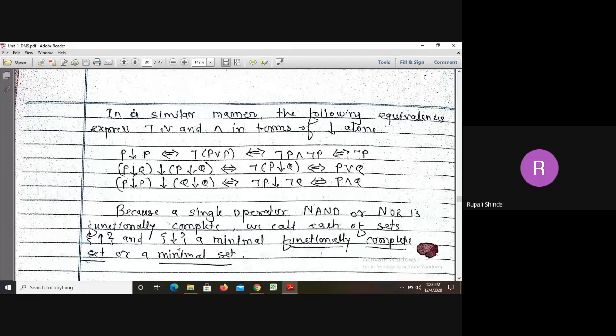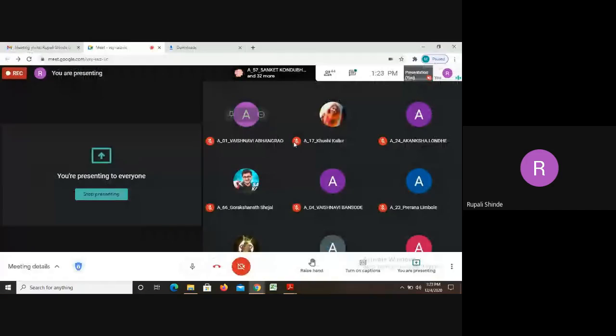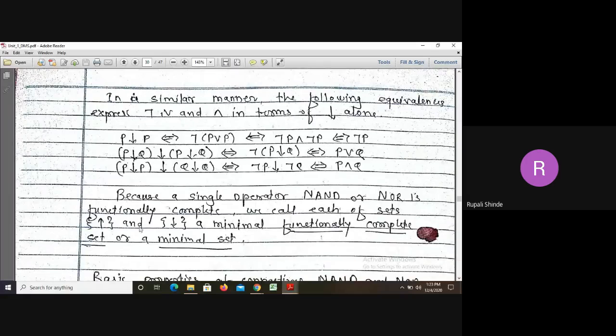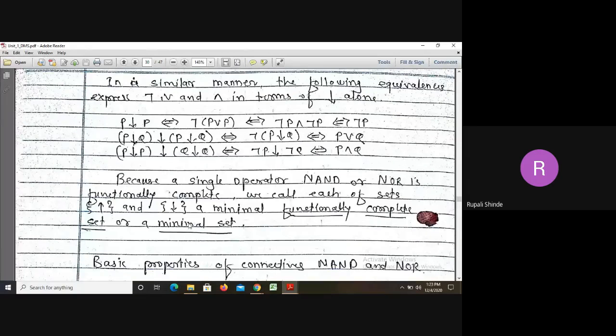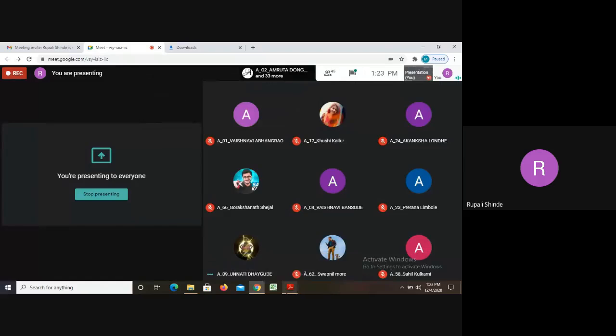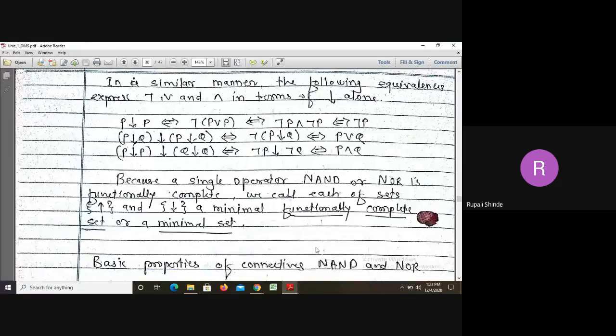That's why this is called a minimal functionally complete set or minimal set. Based on this, they have asked an MCQ: what is the minimal functionally complete set? At that time you have to select either this option, the set of NAND or the set of NOR. So these are minimal sets, and whatever sets we have seen earlier are functionally complete sets. You have to remember this because many times they have asked MCQs based on this.